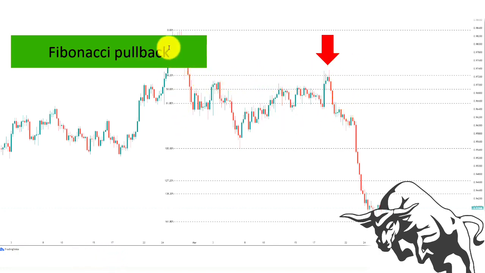You don't want to see that the market gives you A, B, and then the C point is somewhere in the middle of nowhere between 38 and 0 or between 100 and 61.8. This is what you want to avoid. You really want to make sure that the market is paying attention to any of those 3 Fibonacci retracement lines. And then very often you will see that 38 goes to 161.8. Very, very common to see. And this is then how you can add targets as well using the different tools.